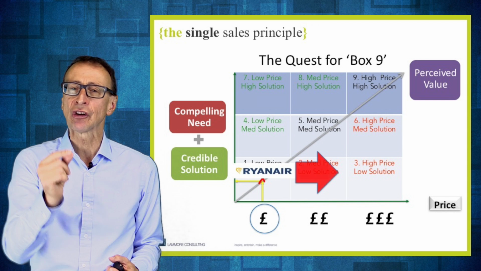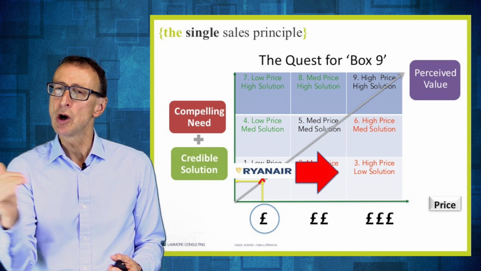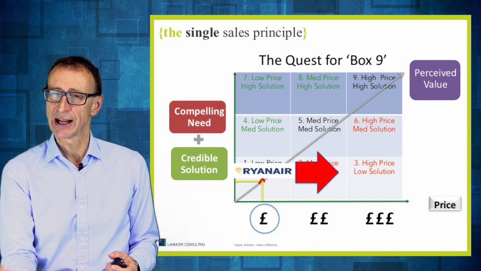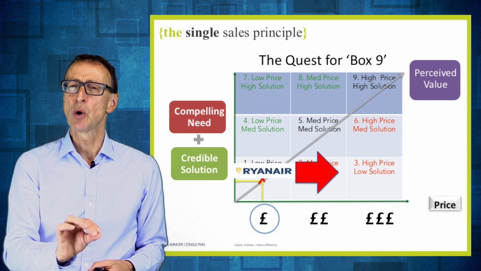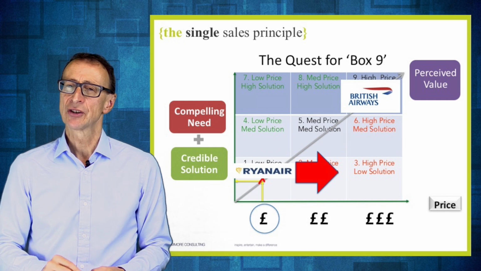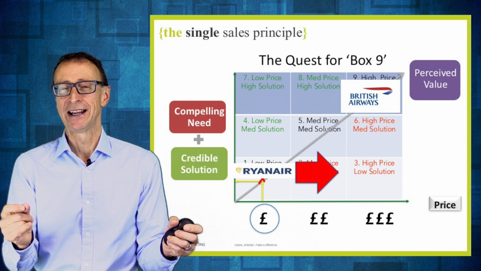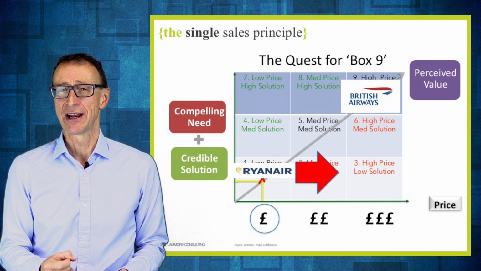So one of the challenges that Ryanair had is that suddenly we weren't paying cheap as chips. We were starting to get into that mid-range, and people like me started to think, well, do you know what? I may as well go to BA, because at least I get treated with respect at BA, which is not quite how I felt I got treated at Ryanair.